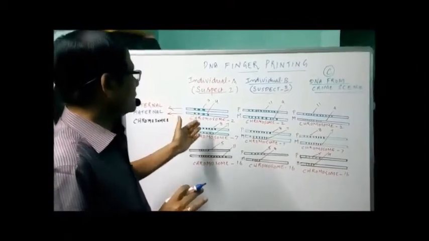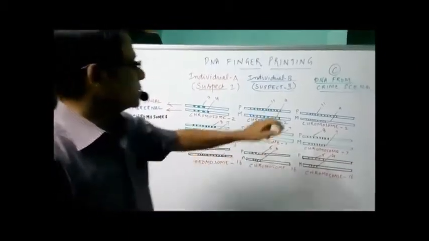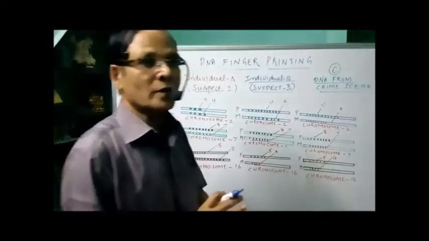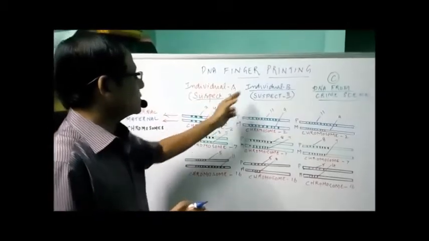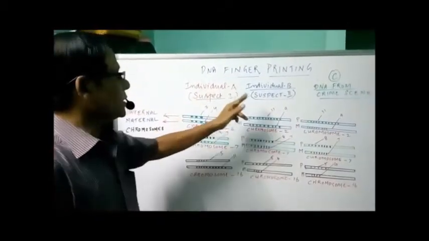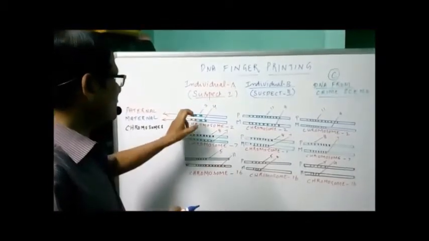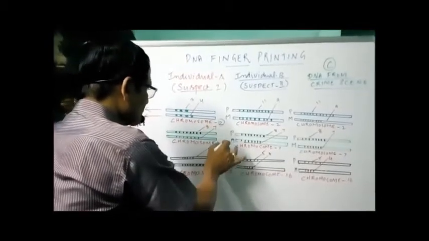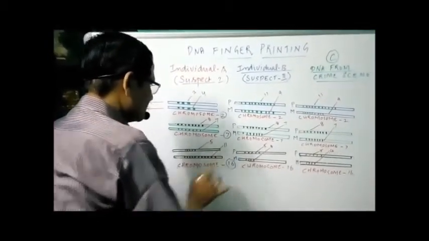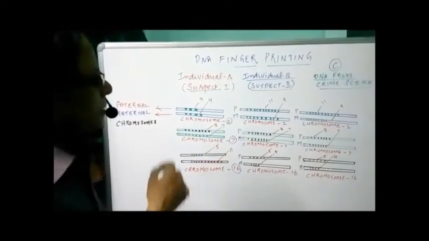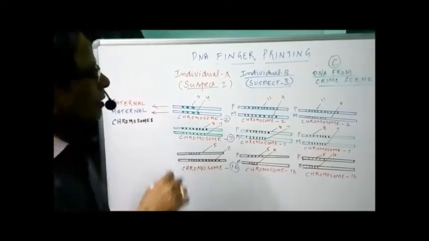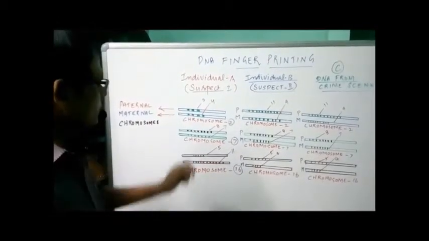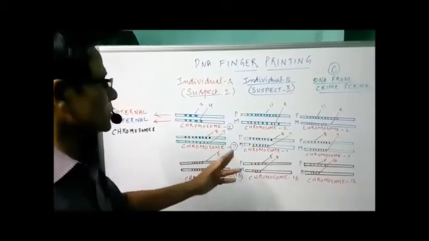Now here I have given 3 individuals. The DNA is collected from the crime scene where the murder took place, and 2 persons are suspected: individual A and individual B. Here they are taking random chromosomes: chromosome 2, chromosome 7 and chromosome 16, in all 3 cases, whether from the DNA of the crime scene, suspect 1 or suspect 2.